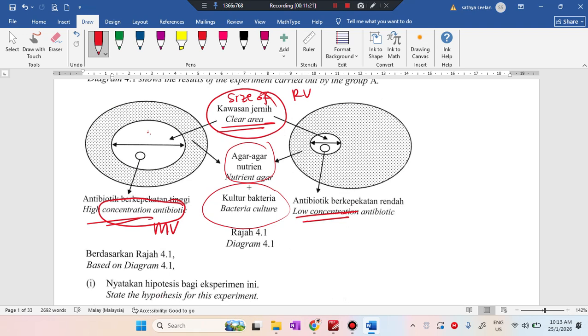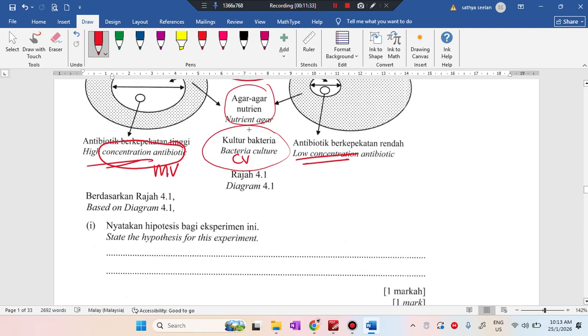The size of the clear area. Simple. And what is the constant variable? The type of culture bacteria you use. Okay? Right. Now, how to answer hypothesis? Increase the MV, what happened to the RV? Yeah, you can tell like volume of agar nutrient like that.